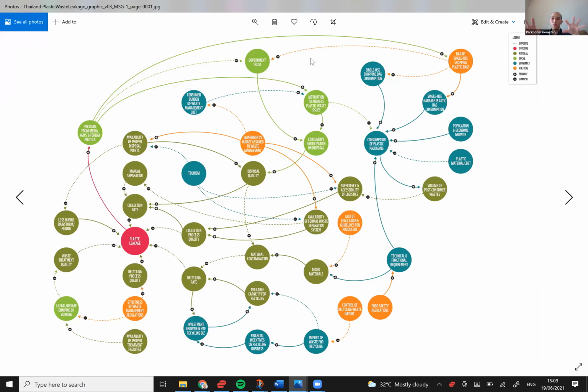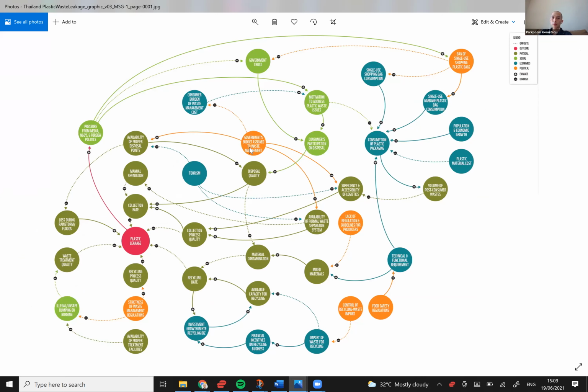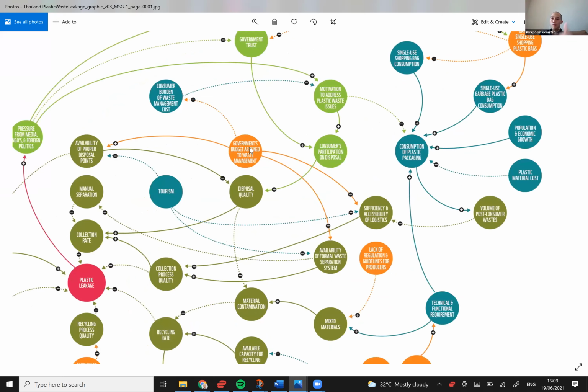This is a different tool, but it shows the causal loop by connecting different aspects that we just pointed out on the consumption side, on the recycling side, on the waste collection side. How do we connect them, and how is it related to the government's assigned budget, and how is that connected to the regulation and so on. These are other tools for us to use later in the future to combine them into one big picture.